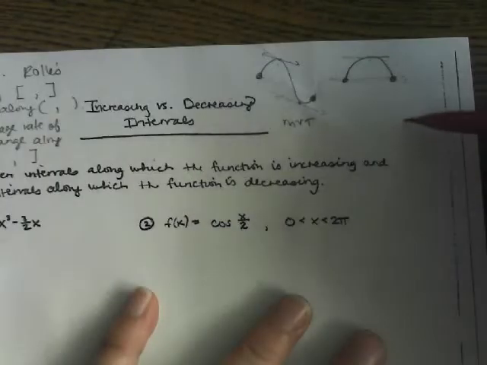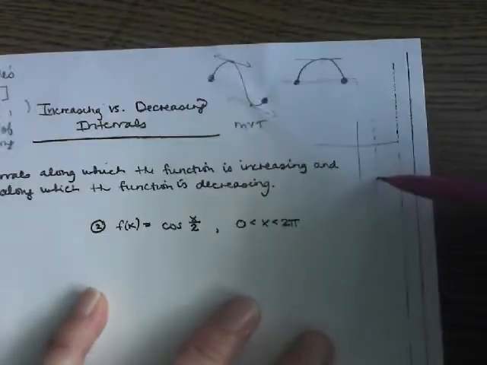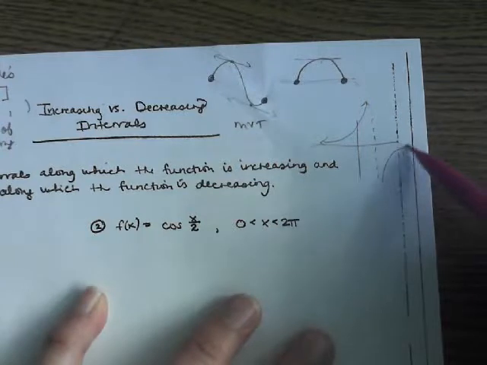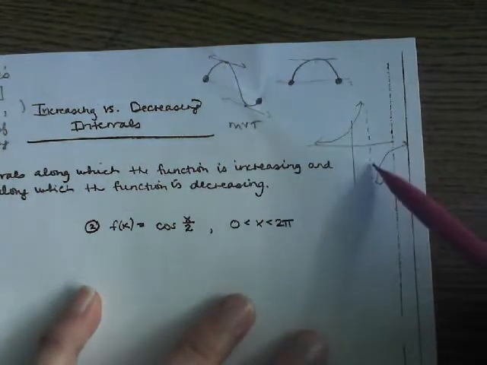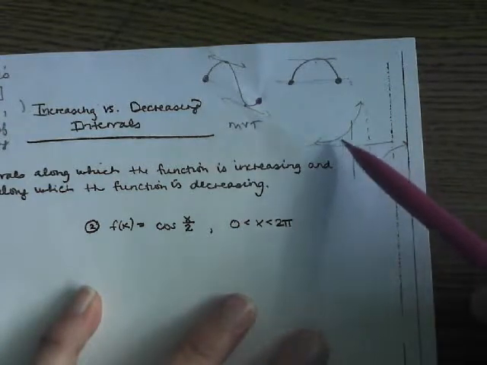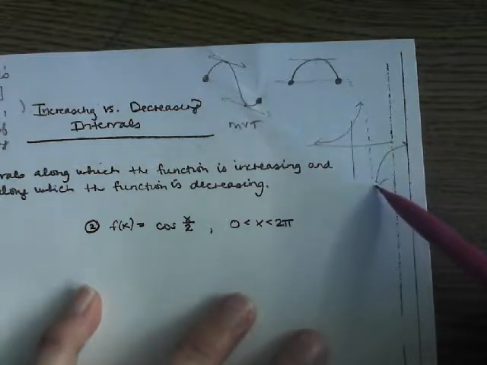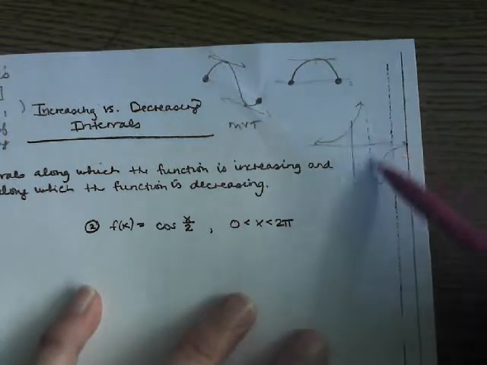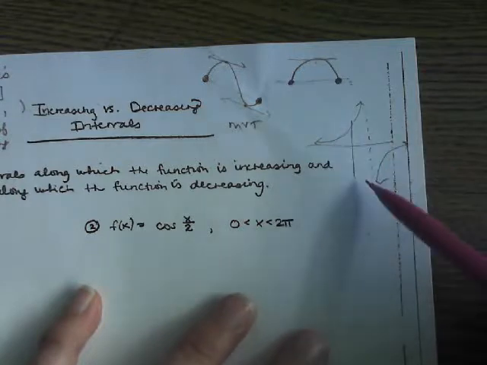So for example, if the function is discontinuous, if I have a rational function, just a generic form here, on either side of this asymptote, which is obviously a point of discontinuity and a point of non-differentiability, it's increasing on the left, and it happens to also be increasing on the interval to the right of it. But we do have a break in action right there because it's neither increasing nor decreasing right at that point.